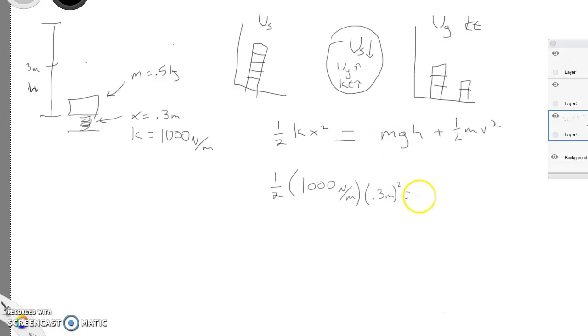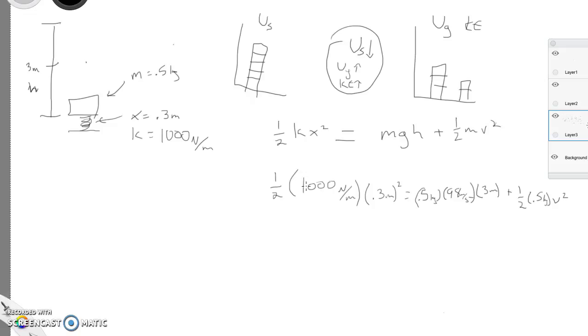On the other side, for m, it's 0.5 kilograms, then 9.8 meters per second squared, and then our height of 3 meters. Then we add 1/2 times 0.5 kilograms times our velocity. We don't know our velocity; that's what we want to find, so we leave it as v. Now we'll do some simplifying.